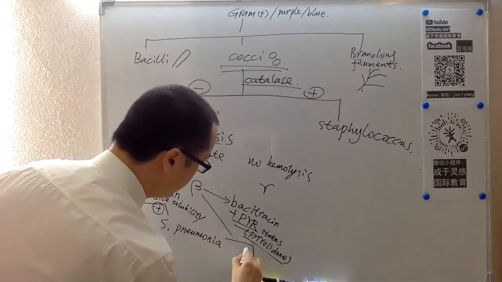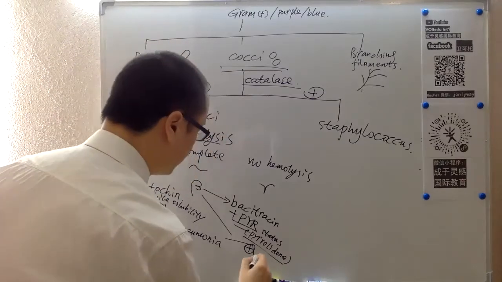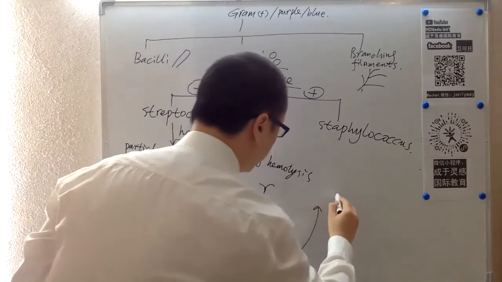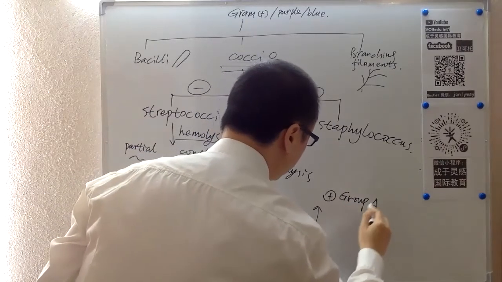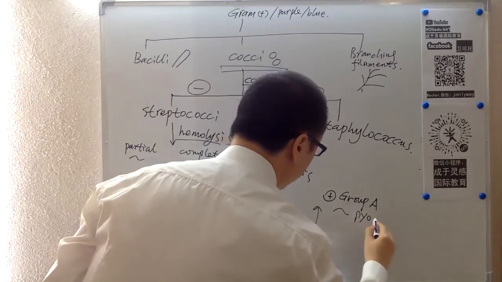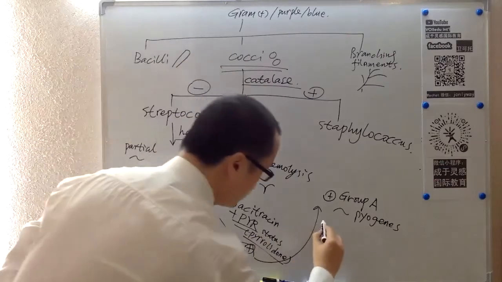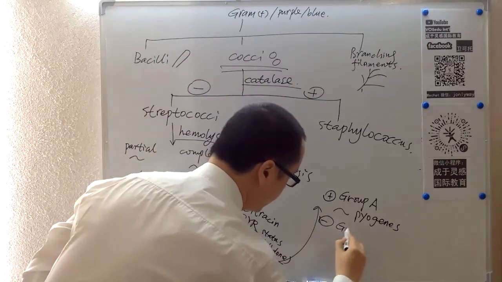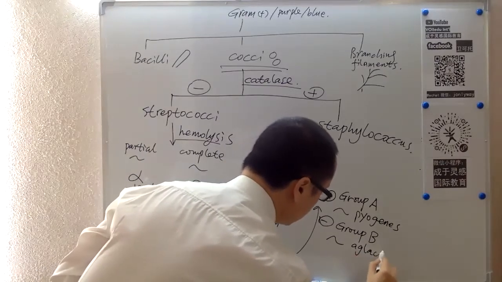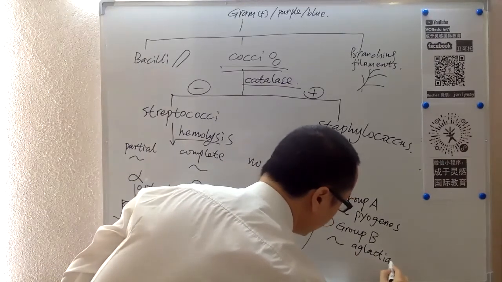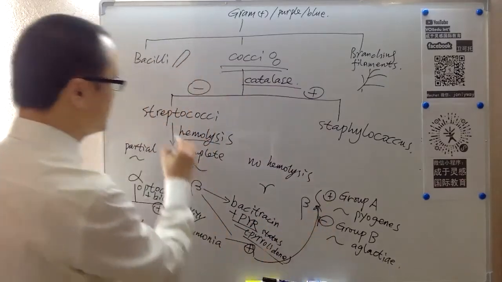If it is sensitive, positive, it will be group A, Streptococcus pyogenes. If it is negative, it is group B, Streptococcus agalactiae. So that is beta streptococci.